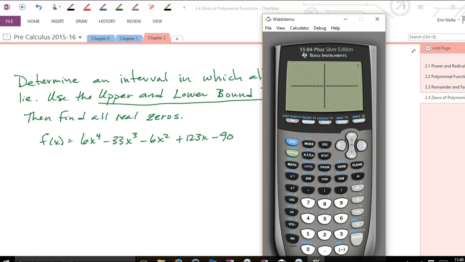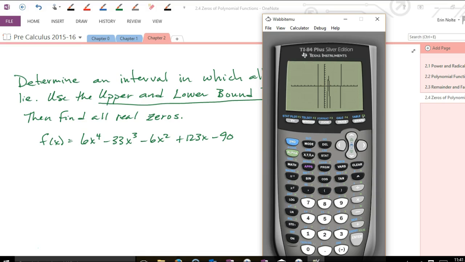Okay, so for starters, we got an x to the fourth function, so we know it should look like a W. Some kind of a parabola, potentially crossing 4 times, and we can even see the 4 times that it crosses. So tell me, between which two x values does this function exist between those zeros? I would go beyond -2 because it looks like it almost hits right at -2.